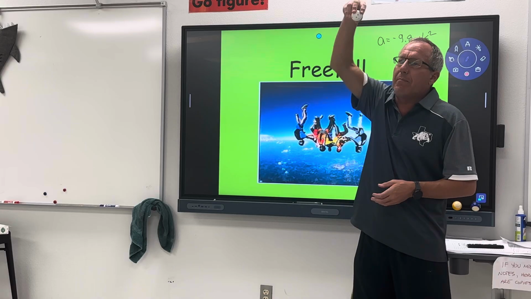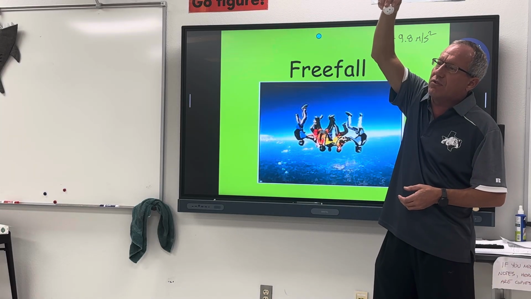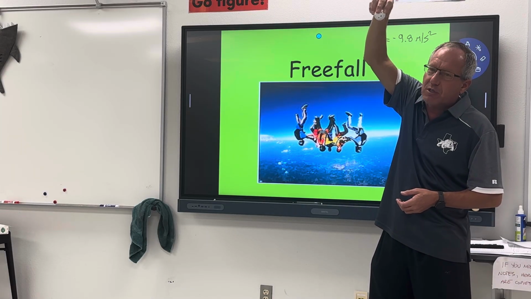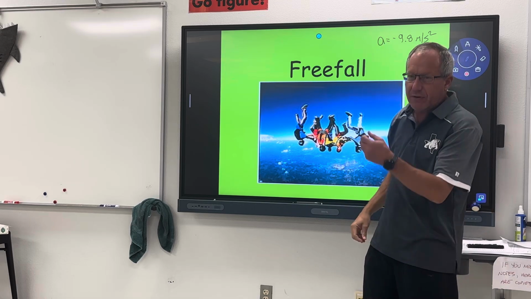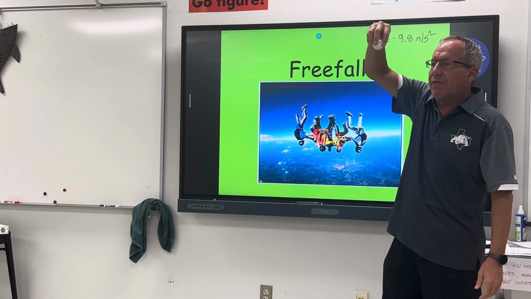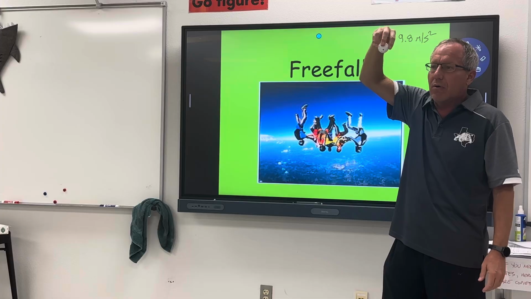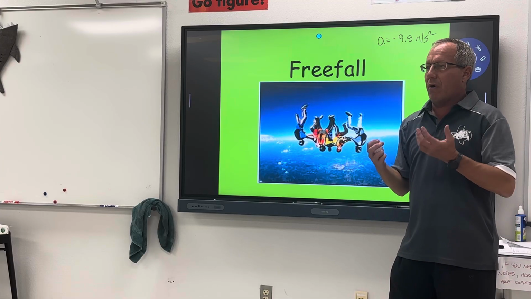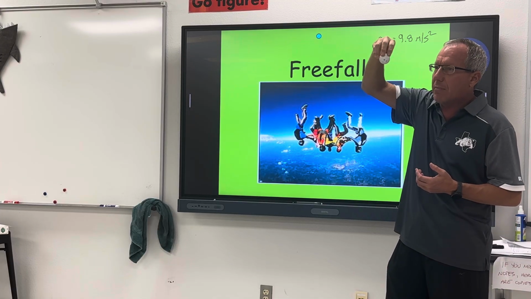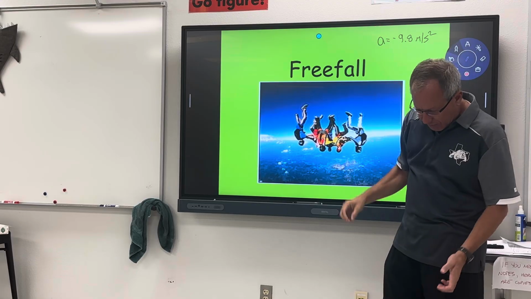What will be another buried given if I'm dropping it from rest, dropping it off a cliff, dropping from a bridge, blah blah blah? What's another buried given? Yeah, initial velocity is going to equal what? Zero, right. So depending on what the problem reads, drop from rest, drop from a bridge, whatever, it's going to have an initial velocity of zero.